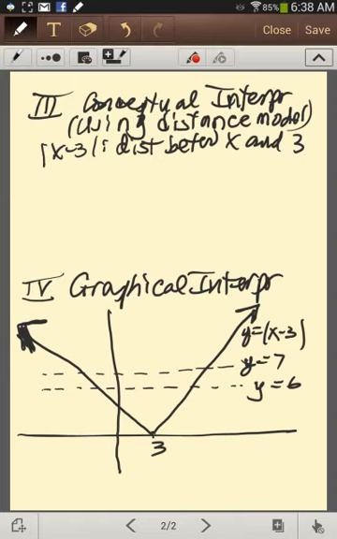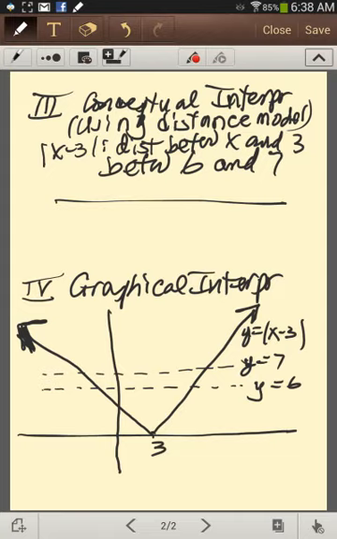This is becoming more commonplace in our curriculum and textbooks, but I still think we could emphasize it even more. So from the original inequality, we want the distance between x and 3 to be between 6 and 7. So that would be a verbal interpretation, or on a number line, for the given problem.